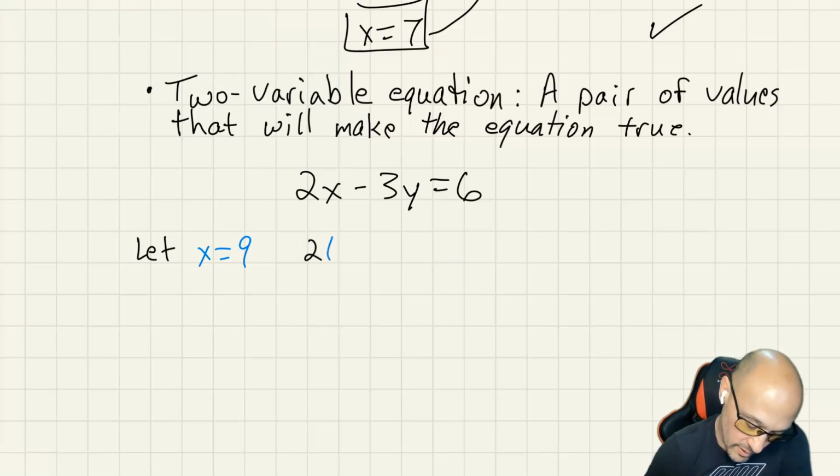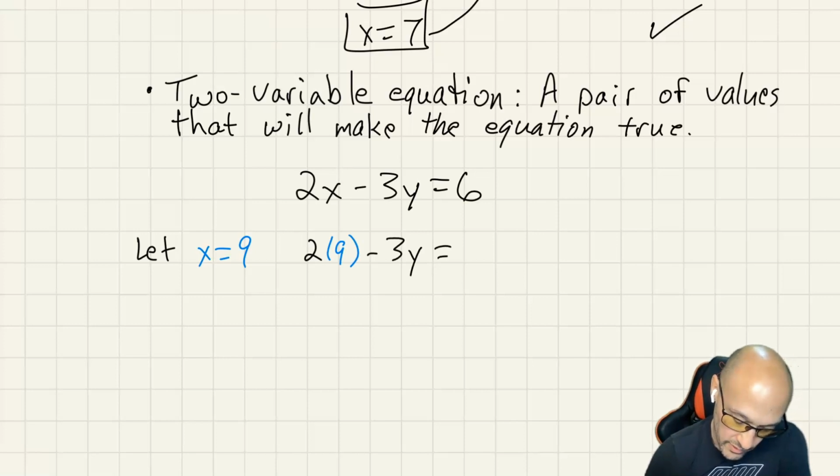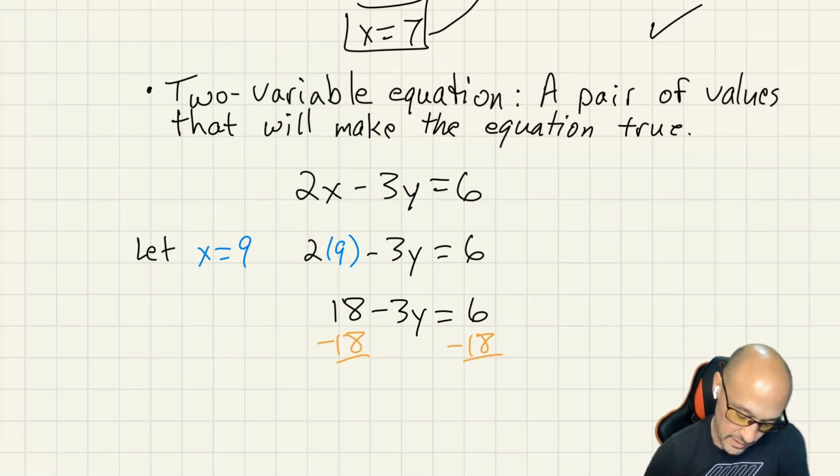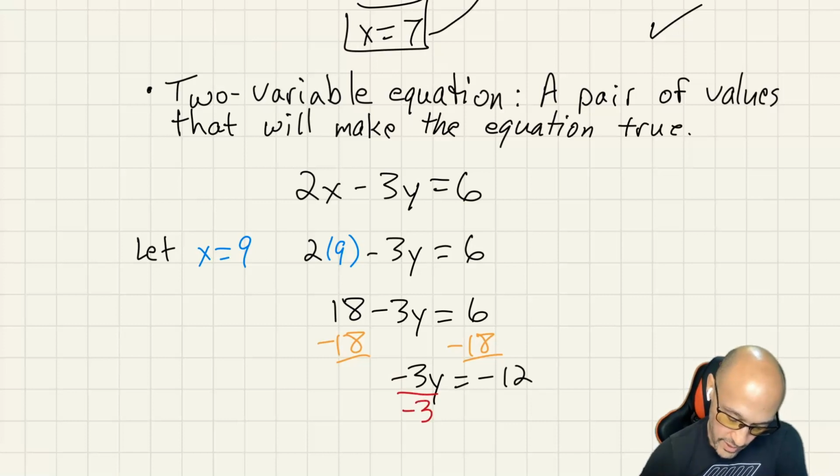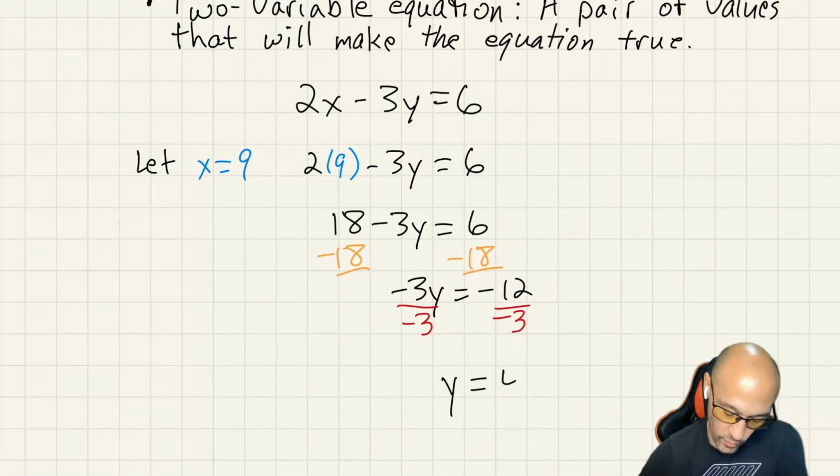So we'll have 2 times 9 minus 3y equals 6. So 2 times 9, that is 18 minus 3y equals 6. Now I'm going to subtract 18 from both sides, and I get negative 3y equals negative 12. Our next step is to divide by negative 3, and I will get y equals 4.